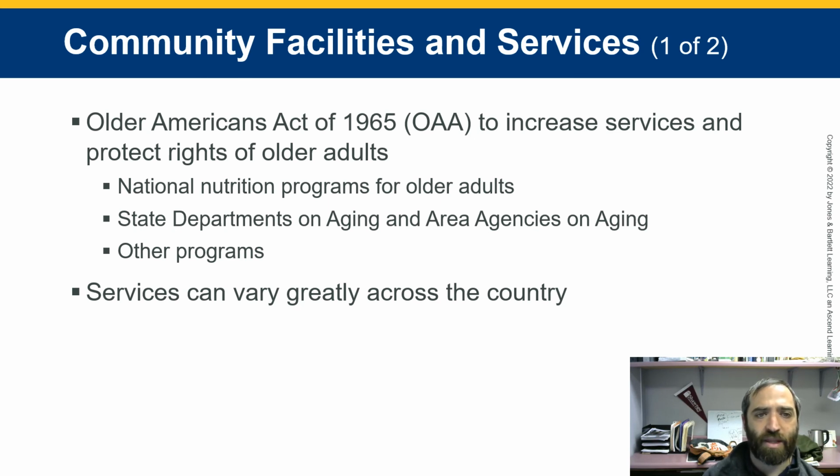It also created the Department of Aging and area agencies on aging. Many of our local communities will have an agency that you can call and say, the elderly person needs this service, where do I go? And they can kind of steer you in the right direction, help you find those things.